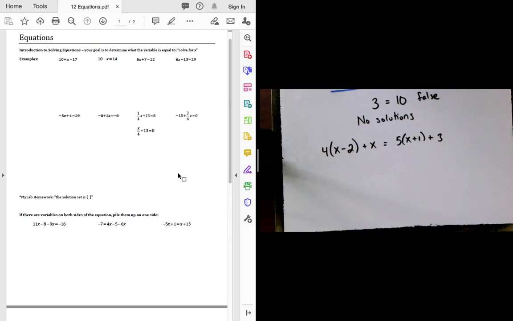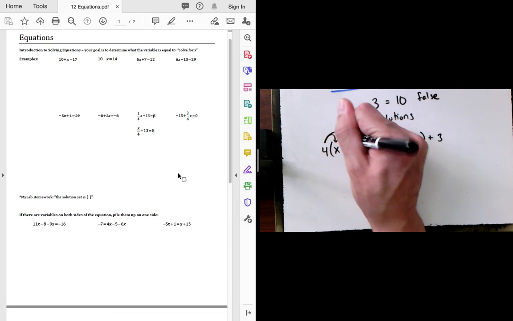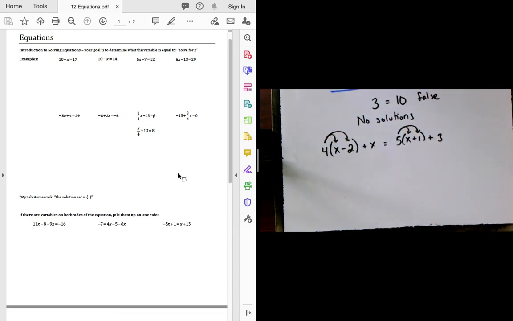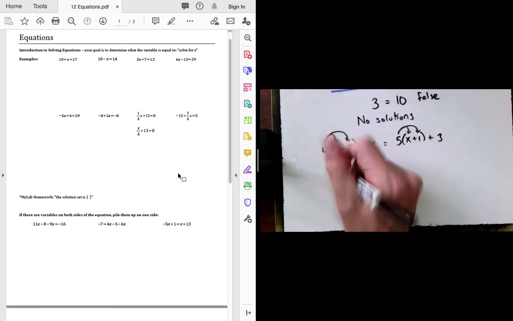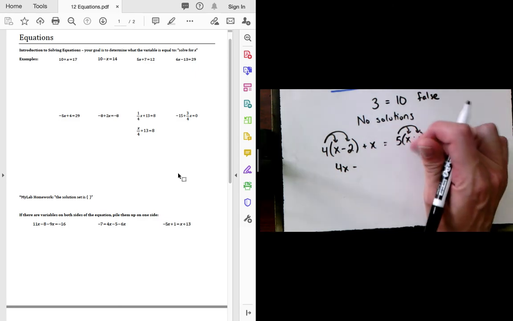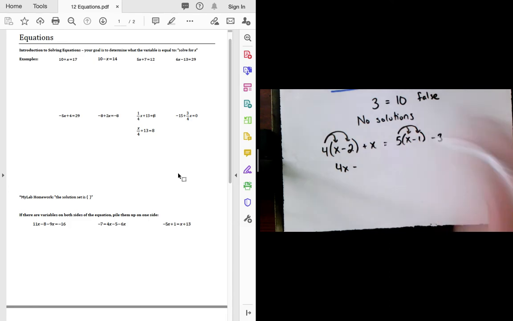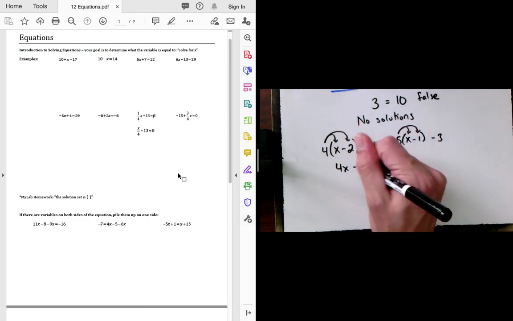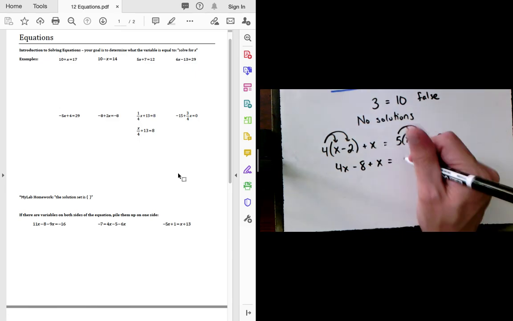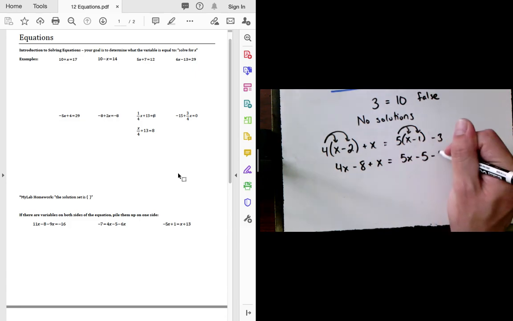Before we solve for x, we want to use our distributive property, send our number into both parts. When we distribute, we get 4x minus 8. Oops, sorry, these are supposed to be minuses. 4x minus 8 plus x is equal to 5x minus 5 minus 3.